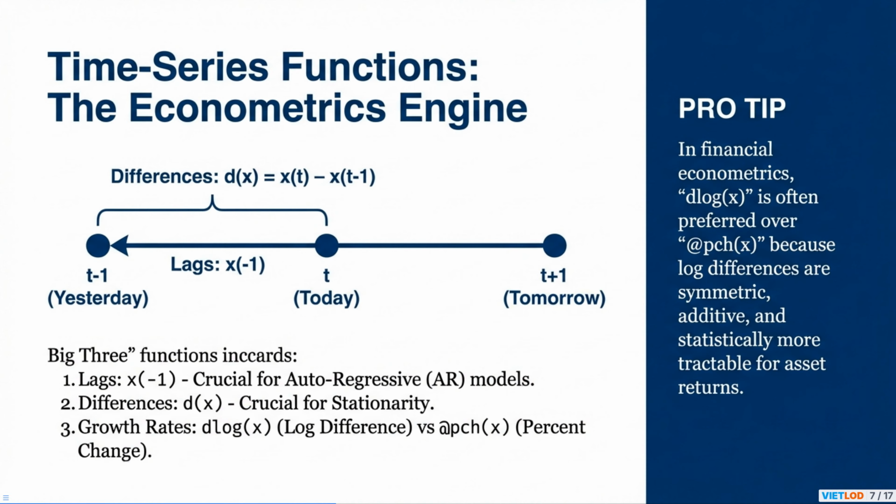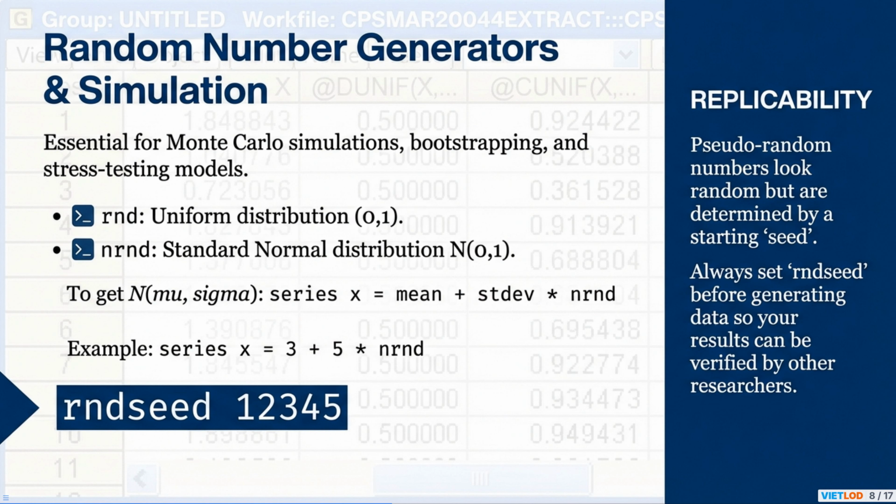This is the most common method to achieve stationarity. Third, growth rates. While @PCH of x gives the exact percentage change, d log of x calculates the log difference. In financial econometrics, d log of x is often preferred because log differences are symmetric, additive, and statistically more tractable for asset returns.